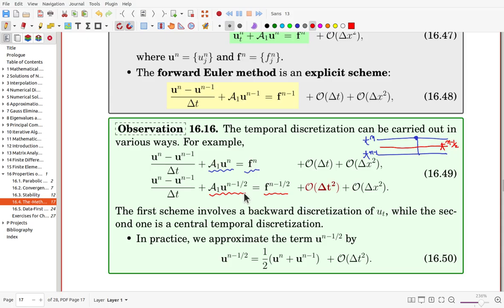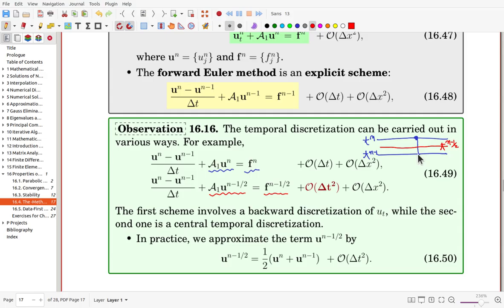In this approximation, one more error comes out, but it is of order delta t squared, so it is small enough. So overall we can enjoy second-order convergence in the time direction. That is the observation. Based on this observation, we may consider the theta method.